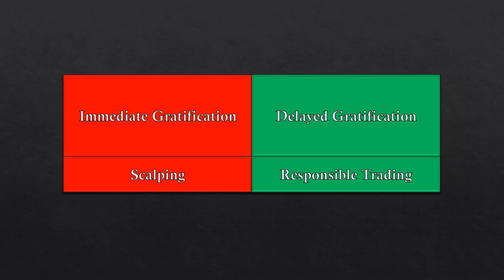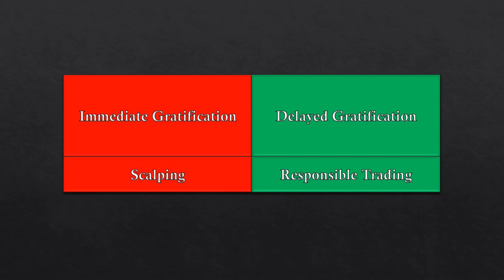For example, immediate gratification tricks the brain into addiction, while delayed gratification creates a sustainable environment for the trader, not only technically, but also psychologically. That's not just the case with trading. There are many situations in life where immediate gratification will lead you down a bad path, and delayed gratification will lead to a good path. We'll return to this idea later on.